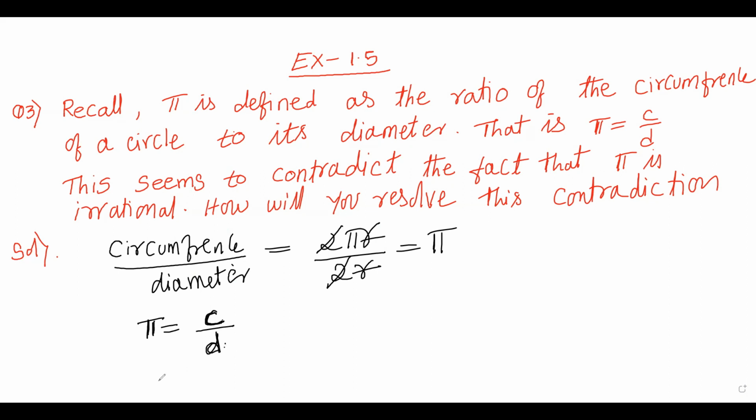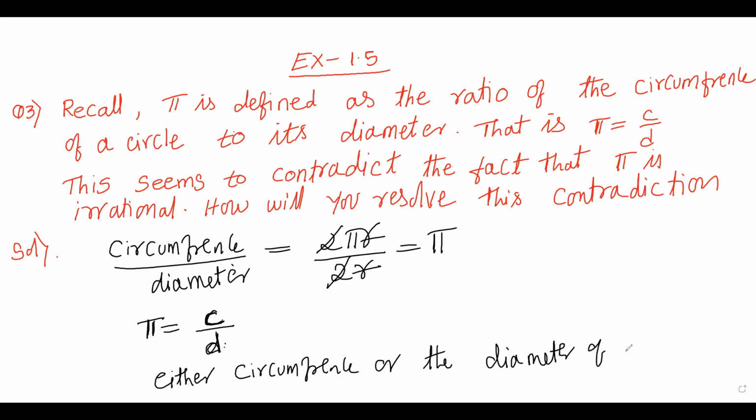So the answer is either the circumference or the diameter of the circle is irrational. Out of these two, any one is irrational.